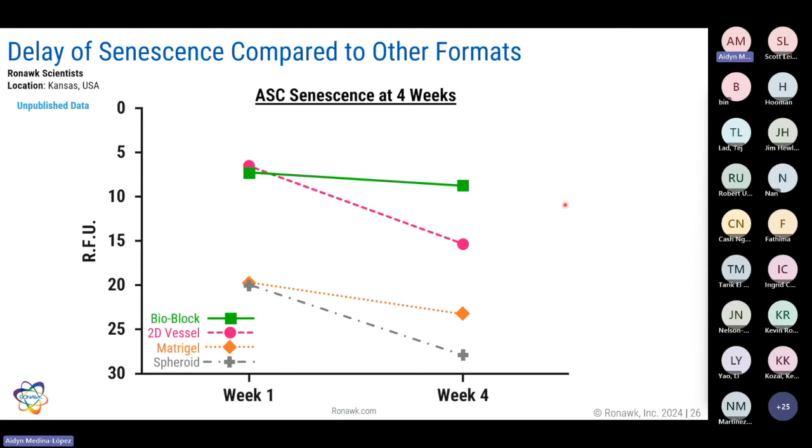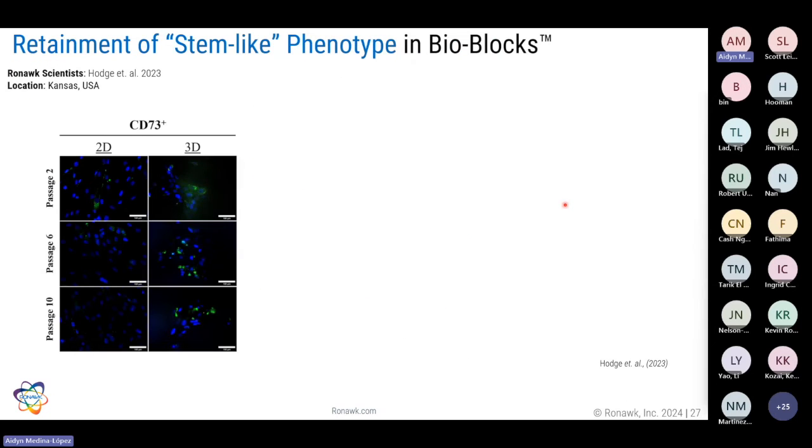And again, this was when the cells reach certain passages, we take them out of their corresponding matrix or culture vessel and then test for senescence. Another thing is the retainment of phenotypes when we're talking about cell behavior.